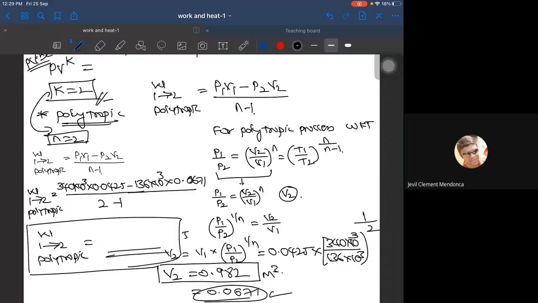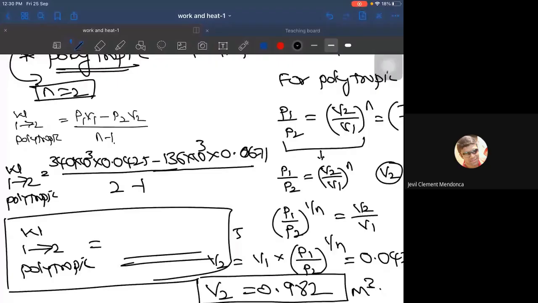Meanwhile give your attendance. Now calculate the work done from 1 to 2, which is polytropic. I have substituted the things for you. Just substitute the values of P1, P2, V1, V2. That's it.